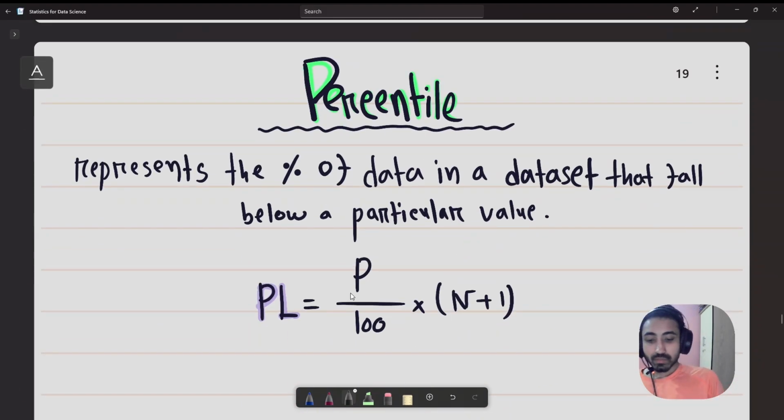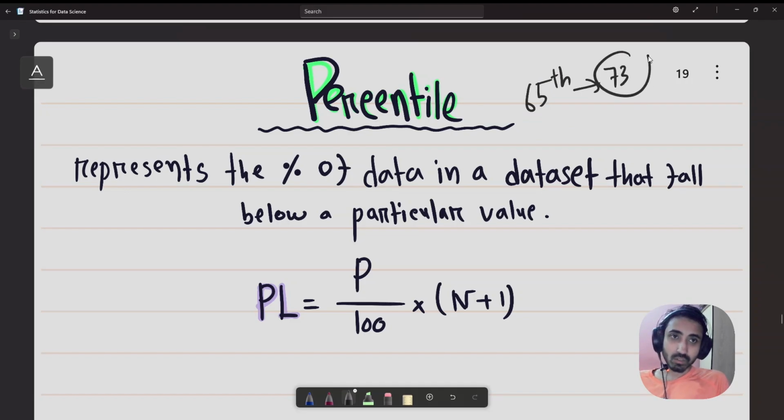Let's say you have scored 50% of the marks in an exam. That would mean that you have scored 50% of total marks in an exam. But if you have scored the 50th percentile or 60th percentile, that would mean a whole different thing. Let's say you have scored the 65th percentile and your number is 73 out of 100.